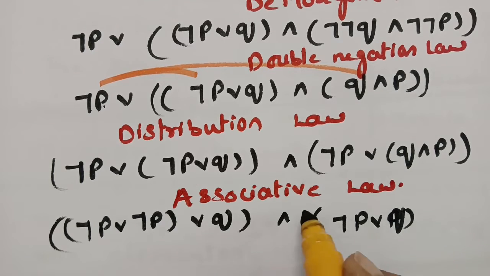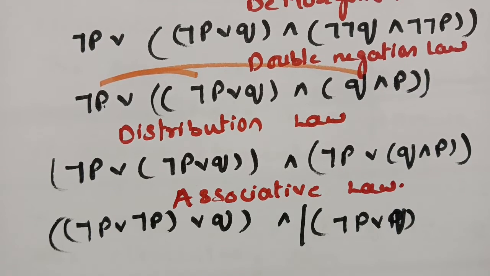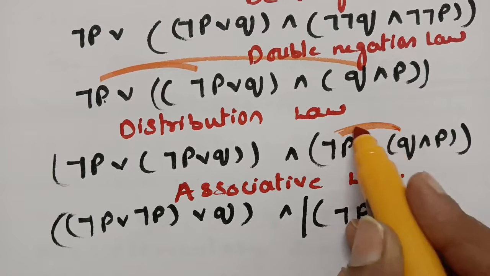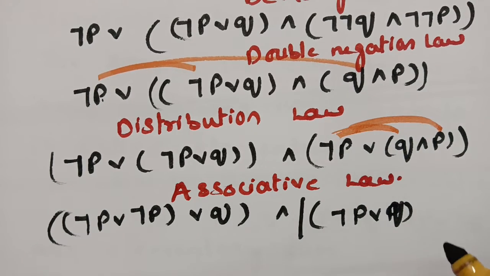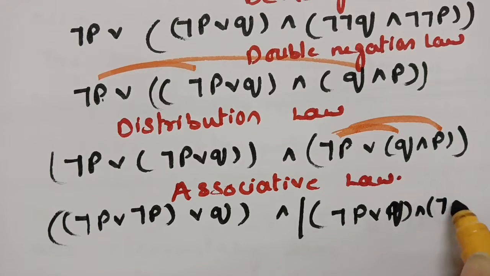So I am applying a distribution law, and I am giving this negation P to both Q and P. So this is negation P or Q, and this is negation P or P. Clear?